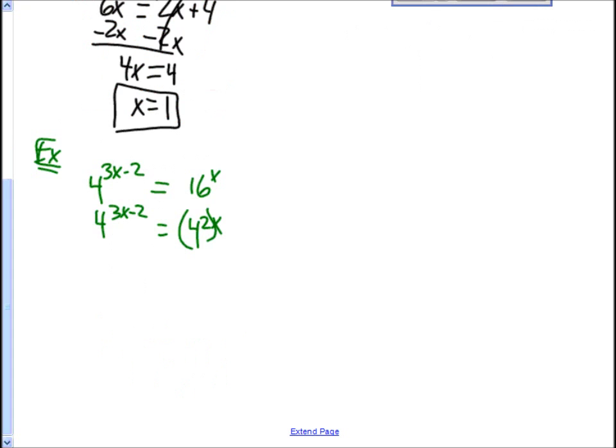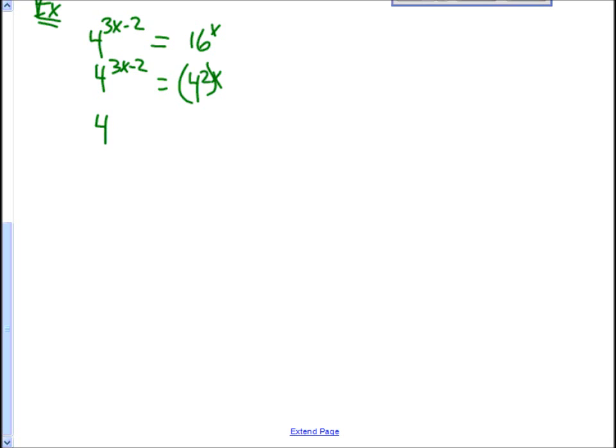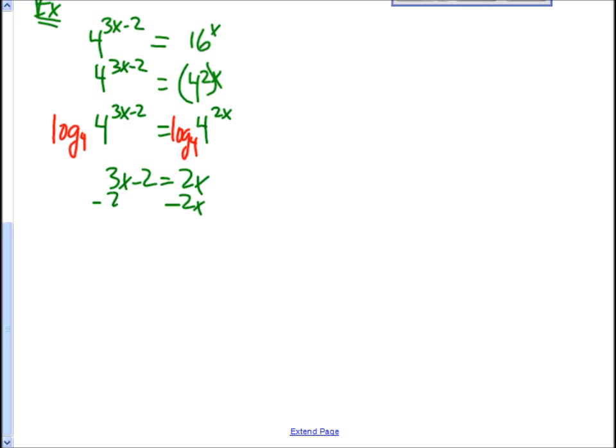So if they both have base 4 there, 3x minus 2 must be equal to 2x. Or you can undo it with its inverse. So take log base 4 here, log base 4 there. Now you've got 3x minus 2, either way you think about that, equals 2x. You subtract your 2x: x minus 2 equals 0. Add 2 to both sides. There it is, x equals 2.